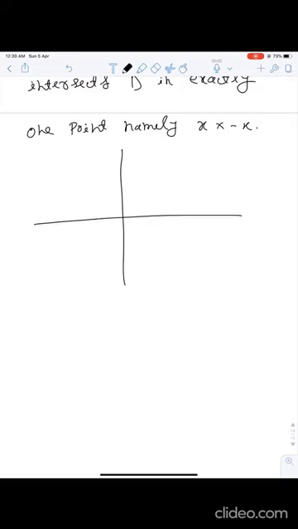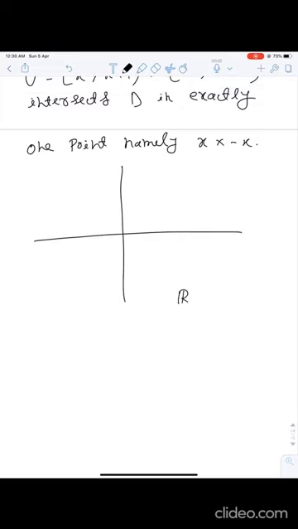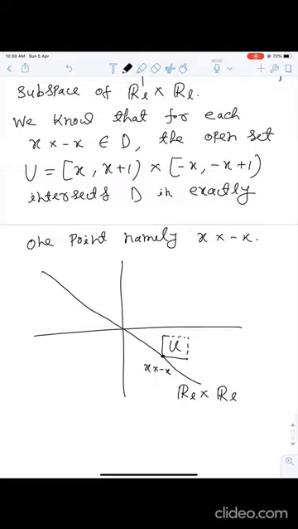So this is my R_L cross R_L, that is R cross R with the product of lower limit topology, and this is my diagonal D. Now if this is my point (x, minus x) and this is my U, then this open set intersects D in exactly one point, right?